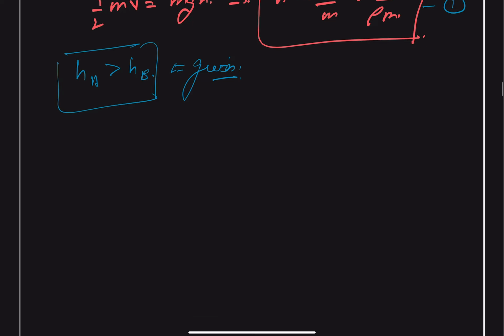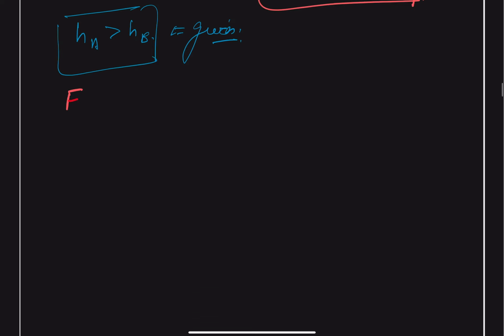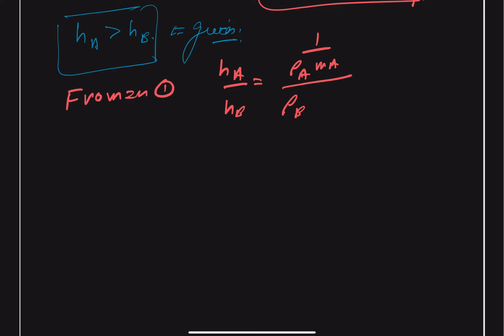So you can say from equation 1, we can write our HA upon HB is equal to 1 upon rho A MA divided by 1 upon rho B MB.